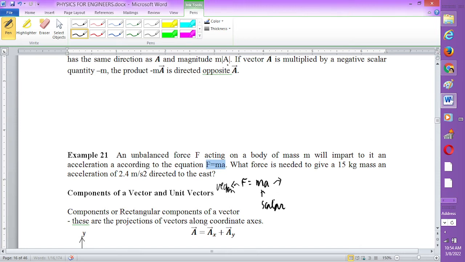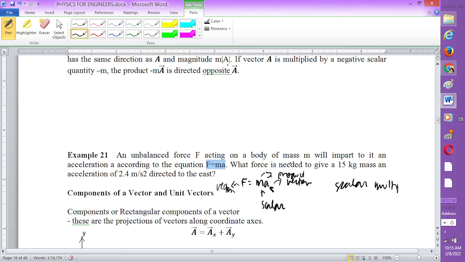While the acceleration is another vector. So if we observe, class, mass and acceleration here is a product. So what kind of product? It is a scalar multiplication, right? Where this vector acceleration, you multiply it to a scalar or a magnitude. So we will be expecting a scalar multiplication.